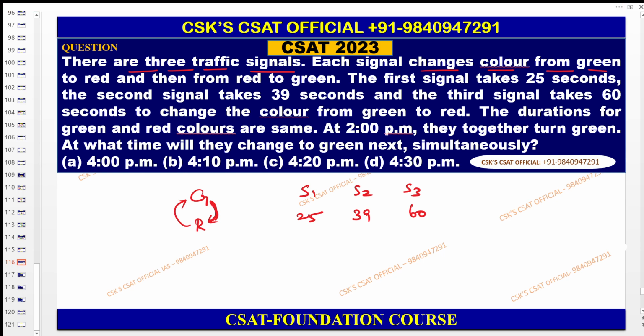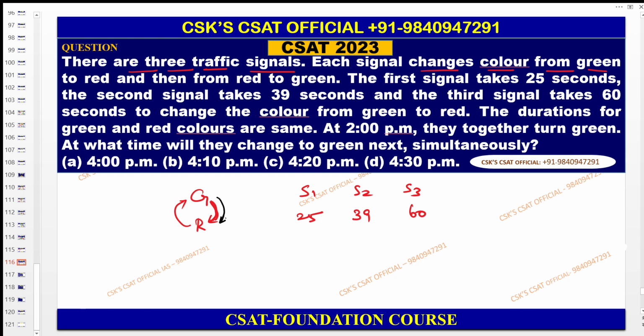Okay, let me change the color of the pen. Green to red, it takes this much, all the signals. Now read the statement carefully. The durations for green and red colors are the same here.